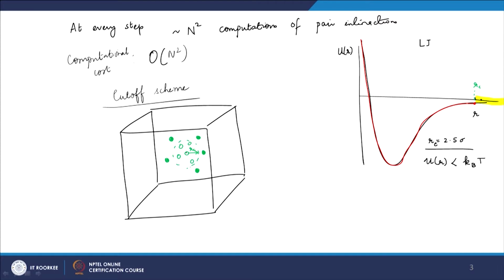Beyond RC I would think it is going to 0. That means U of R is equal to that given by the Lennard-Jones for R less than RC, and it is 0 for R greater than or equal to RC. This is what is called a truncated interaction.